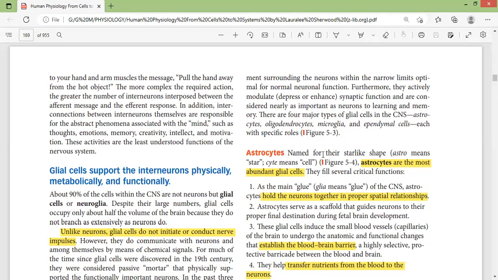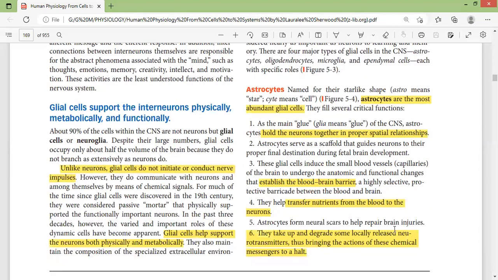Number one is that they will form the blood-brain barrier. You know, the blood-brain barrier is key. Number two is that they are involved in transfer of nutrients from the blood to the neurons. If you remember from the biochemistry of the brain, there was that flow of metabolic products between the astrocytes and the neuron.